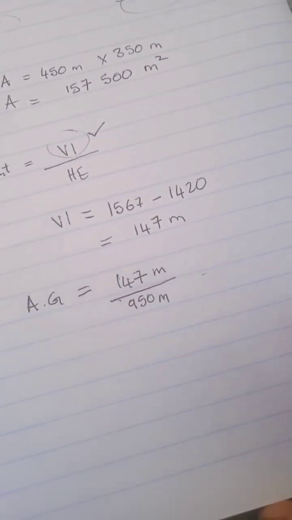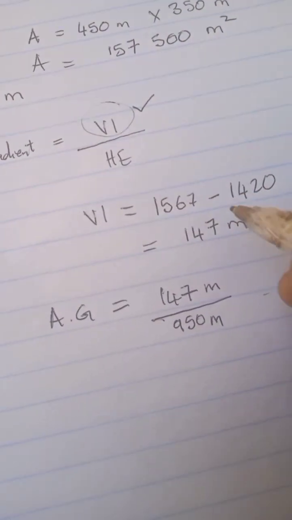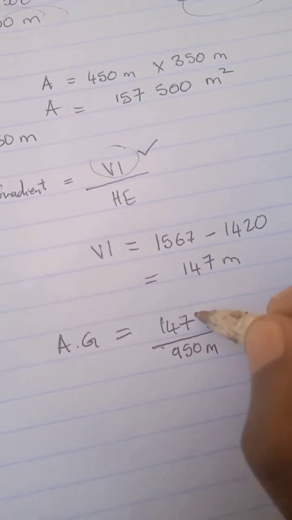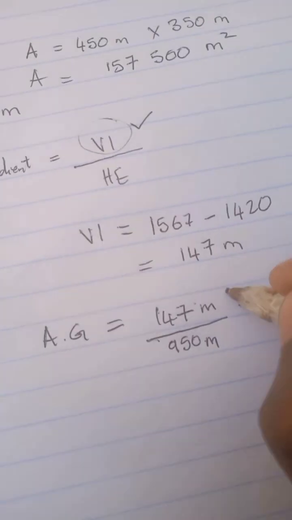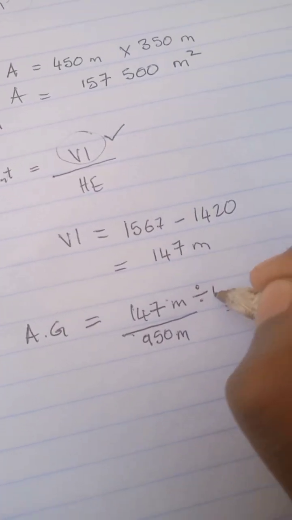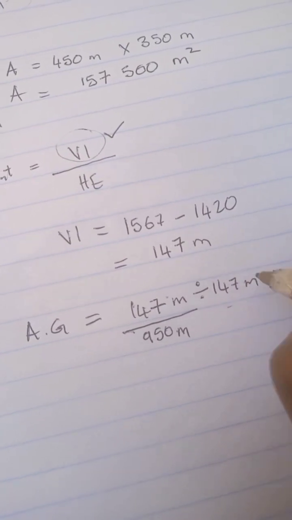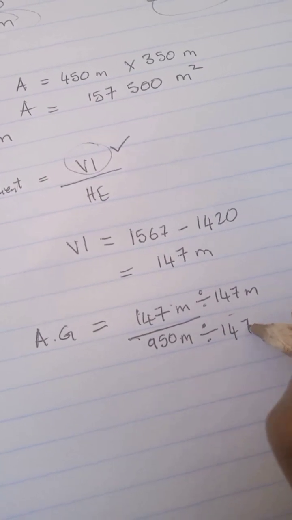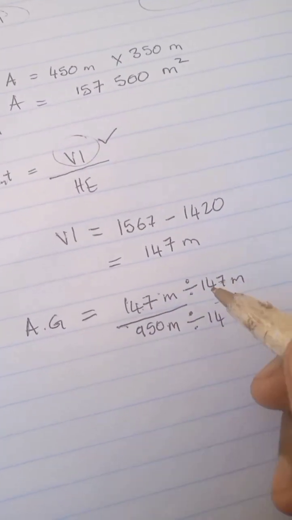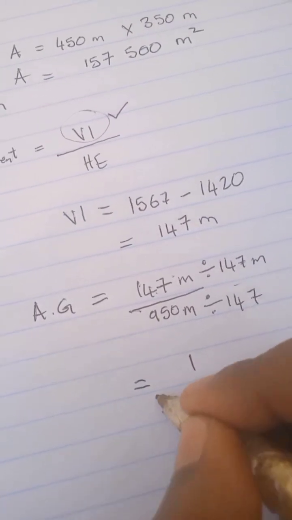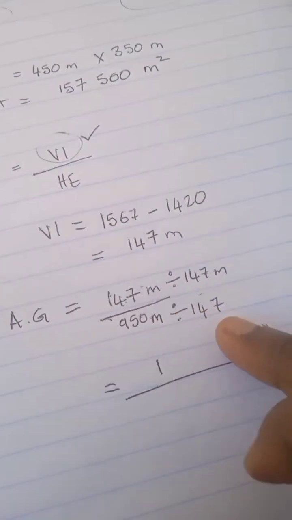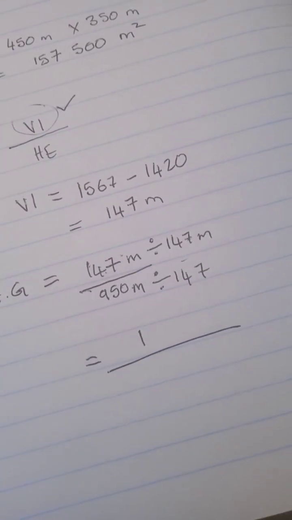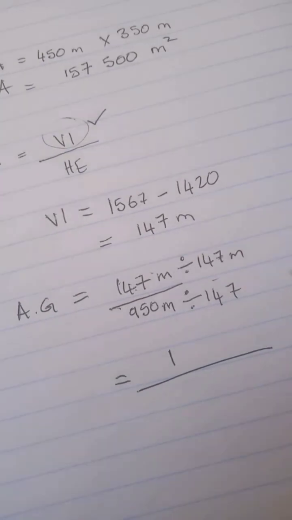That's not how you do it. What you do is divide both the numerator and the denominator by the numerator. So 147 divided by 147 is 1, over 950 divided by 147, which gives us 6.46.